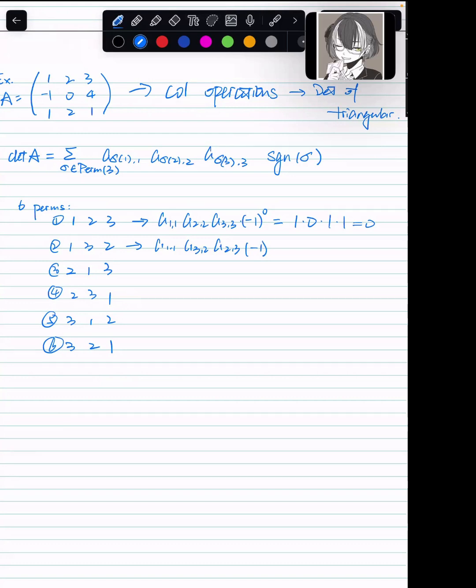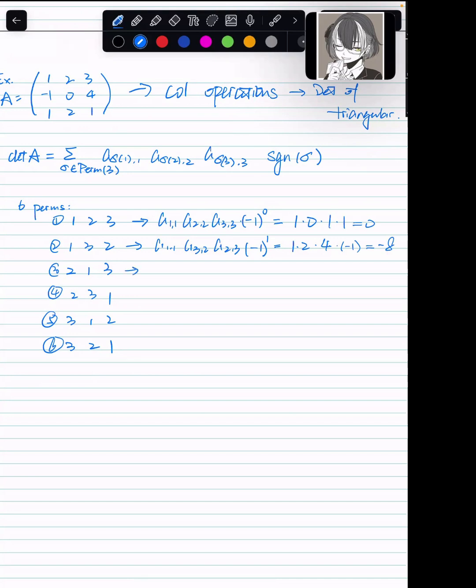So you can actually see that basically means we have a column swap of the last 2. So that's negative 1 raised to first power. Okay. So again, A11 is 1, A32 is 2, and A23 is 4, great. Multiplied by negative 1. So negative 8.